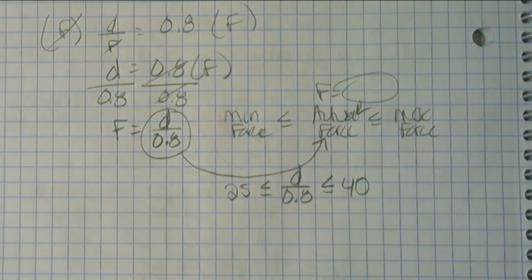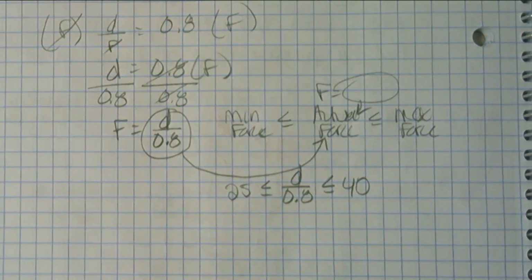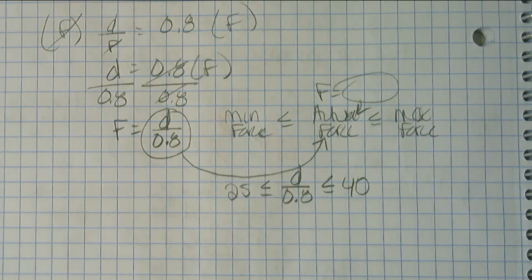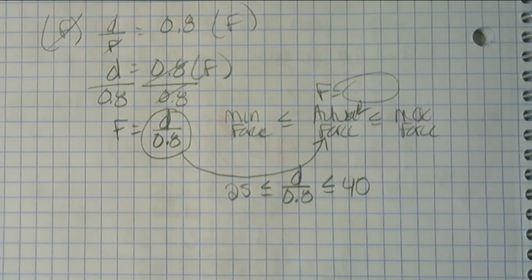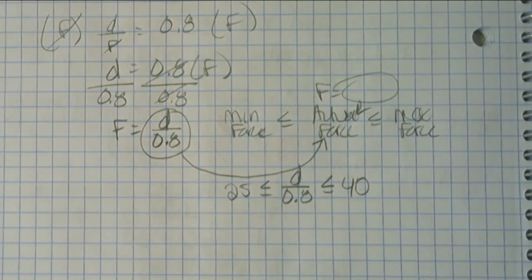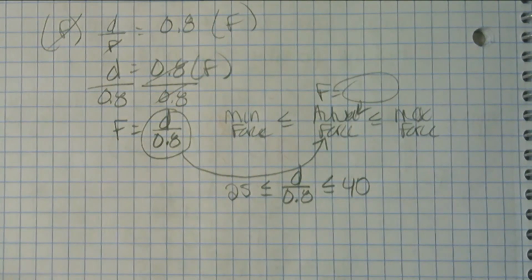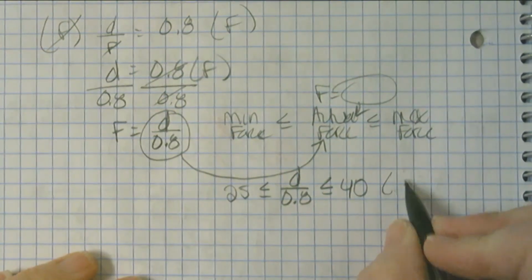You could simply substitute 25 into the original equation, get your answer. You could substitute 40 into your equation, and you can find your maximum minimum. You can write an inequality statement. But I'm trying to teach you how to set up compound inequality problems and solve them. So I do want you doing that, please. Okay? And all of you solve this.